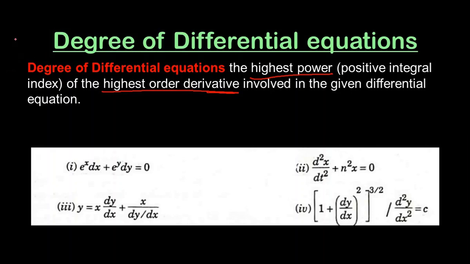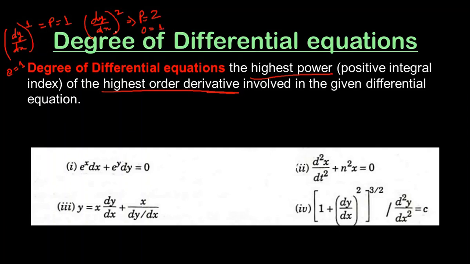Power is, if you have a term dy by dx, this is raised to power of 1, right? So power here is 1. If you have the same term dy by dx raised to 2, power here is 2. But order remains the same. This is the order of 1, right? And here also the order is 1.